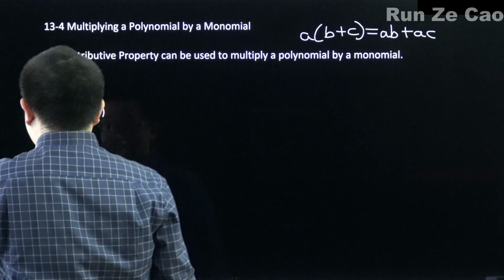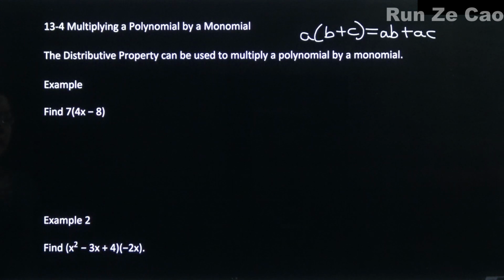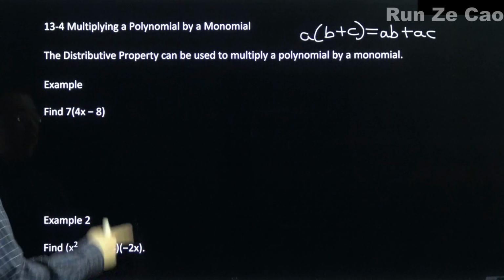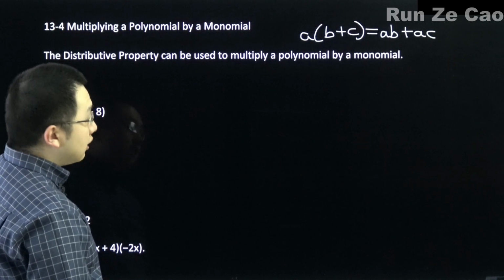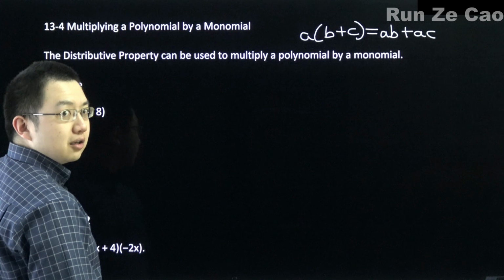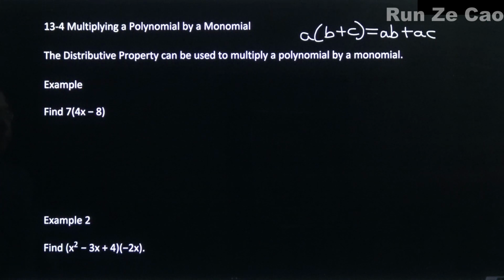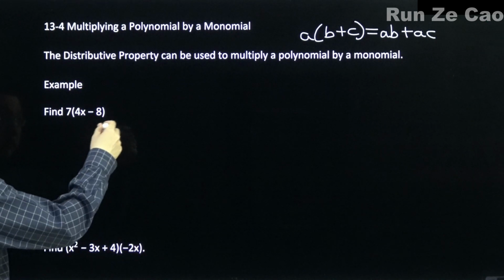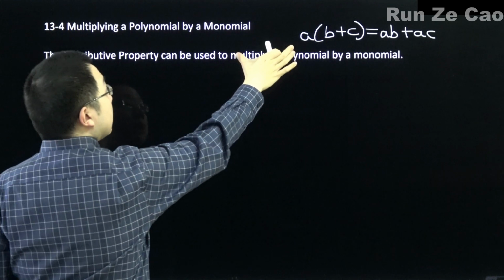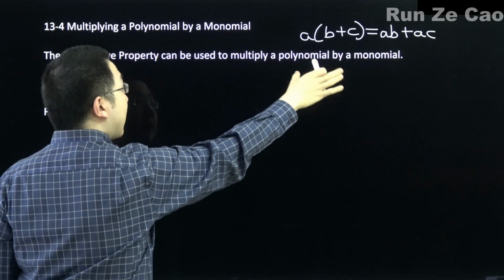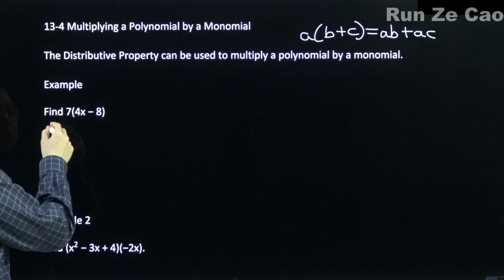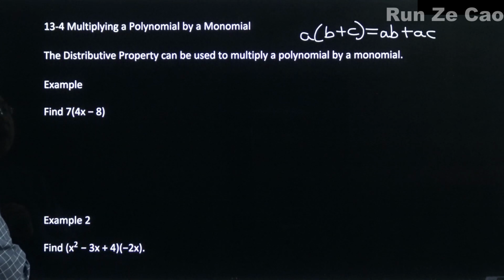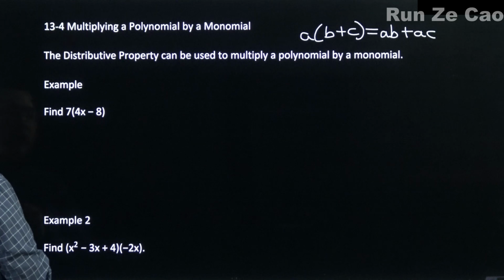So the distributive property can be used to multiply a polynomial by a monomial. It can actually also be used to multiply polynomials, but we'll get to that a little later. So that would be each item of one group is multiplied by each item of the other group. So let's do some examples. Find 7 times 4x minus 8.